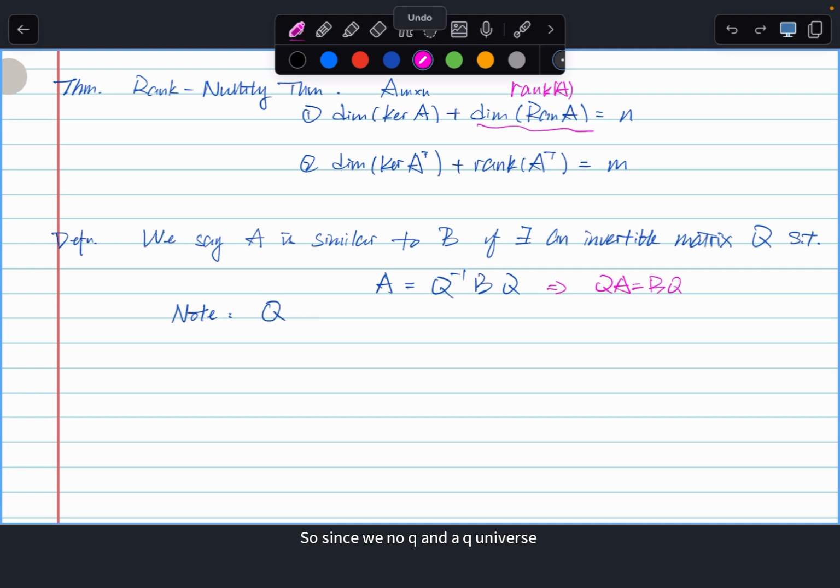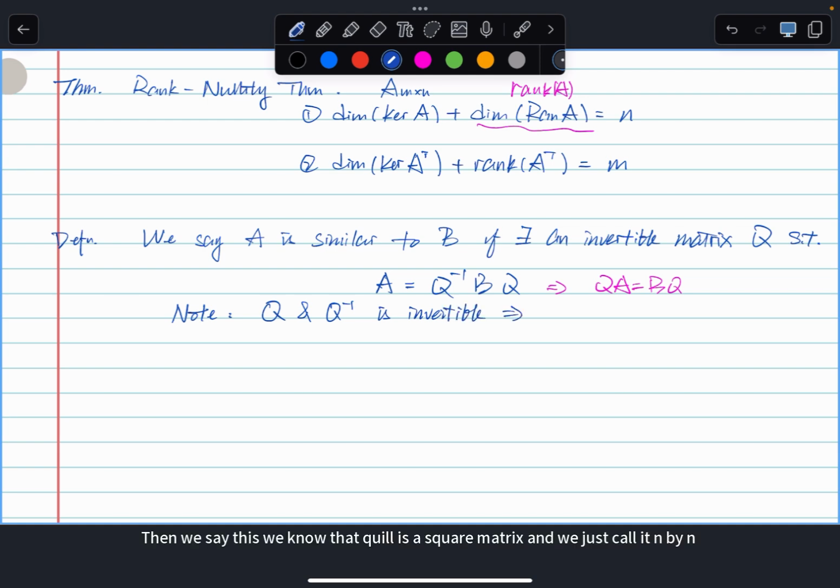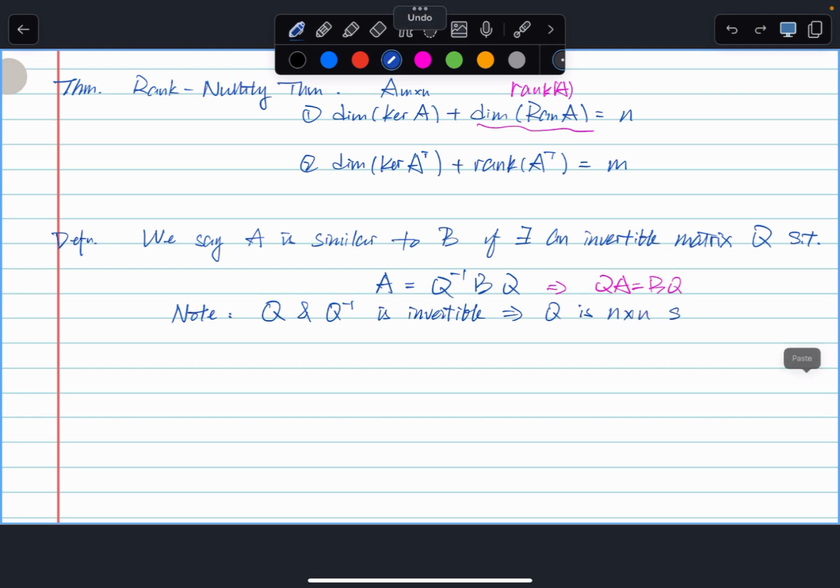So since we know Q and Q inverse are invertible, we know that Q is a square matrix, and we just call it n by n for some arbitrary n.